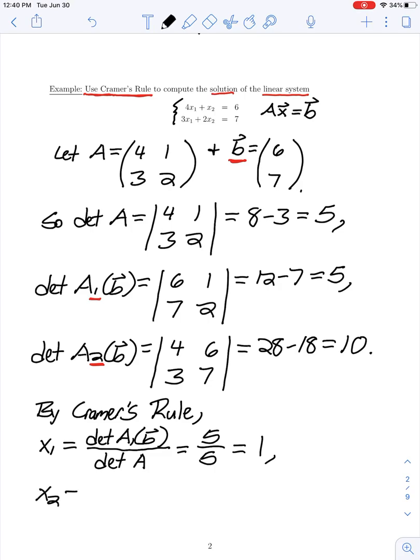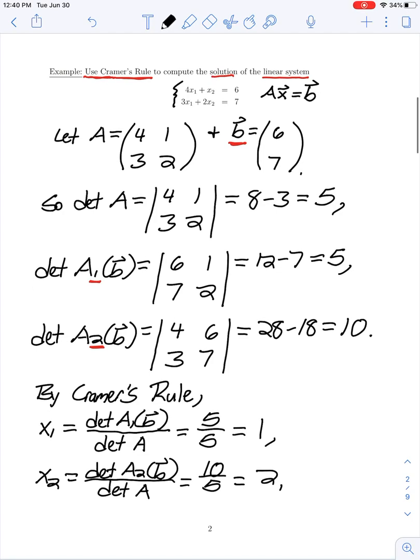And x2, the second component of our solution vector, would be the determinant of A sub 2 of b divided by the determinant of A. Using our work above, we have 10 over 5, or 2. So we have a unique solution here. The unique solution is 1, 2.